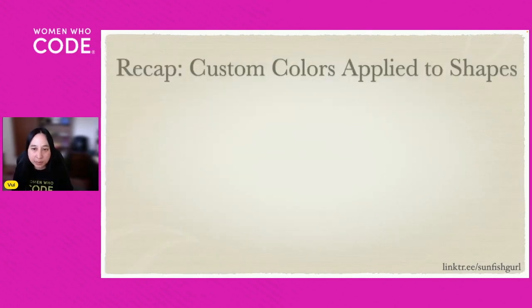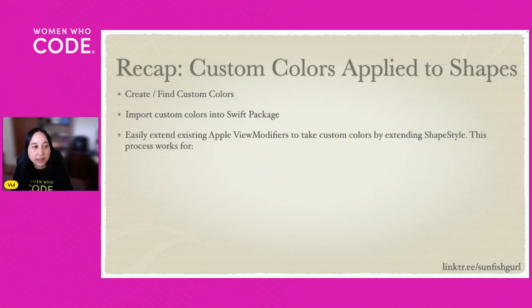So to recap, in order to create custom colors that we can apply to shapes, we first need to create or find our custom colors and import those colors into the Swift package. Then we can easily extend existing Apple view modifiers to take custom colors by extending shape style.